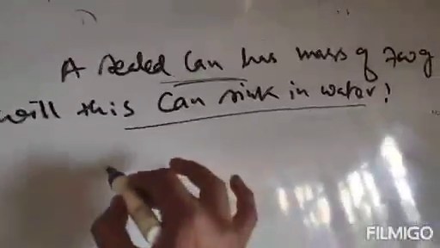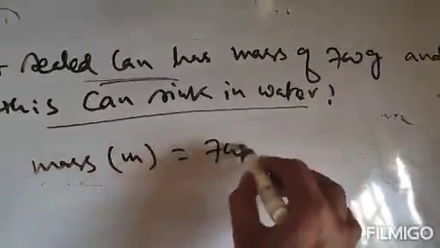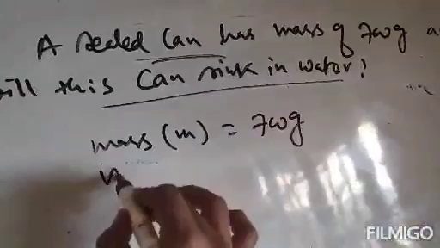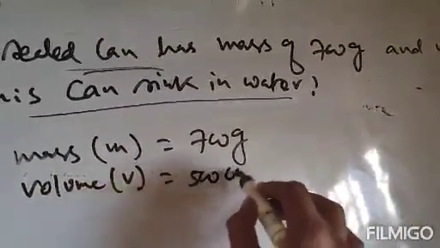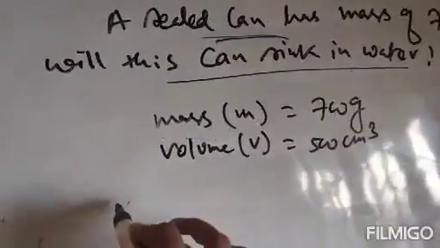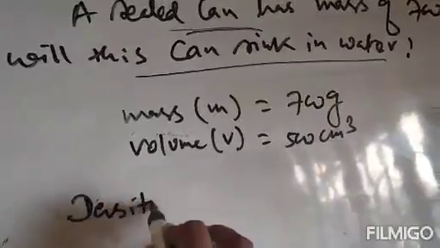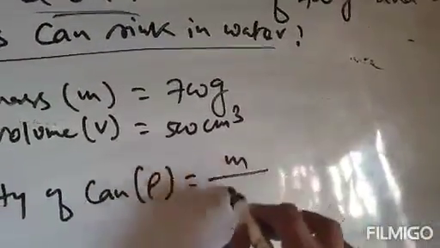So just find first the density of the can. Mass of the can is given, small m, that is 700 gram. Volume small v is given, 500 centimeter to the power 3. So volume and mass are given. So density of can, density is represented by rho, and rho means m by v.